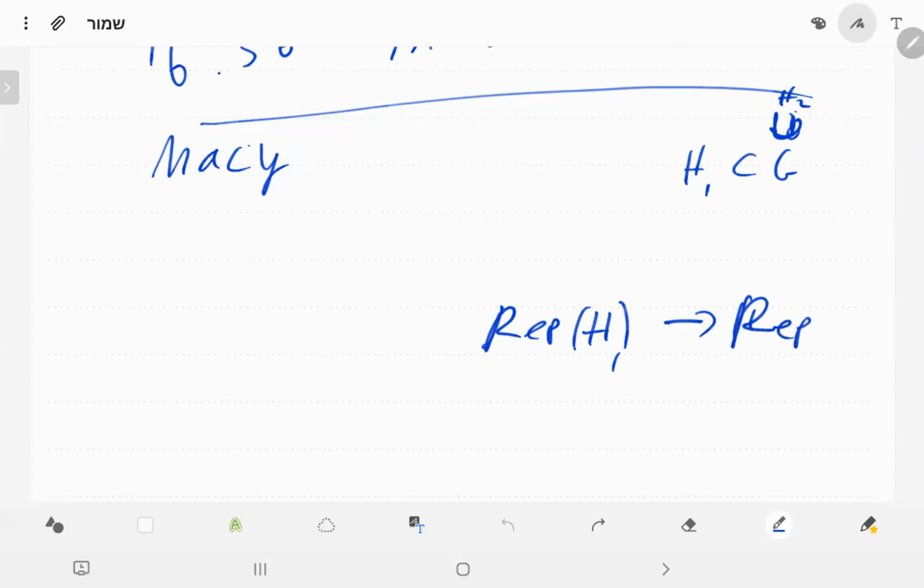Rep of G, and we have a functor induction, and if you do infinite groups, it's important to take small induction, to Rep H2. And here we want to talk about the restriction.